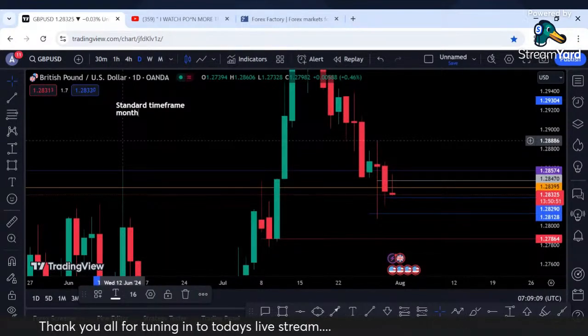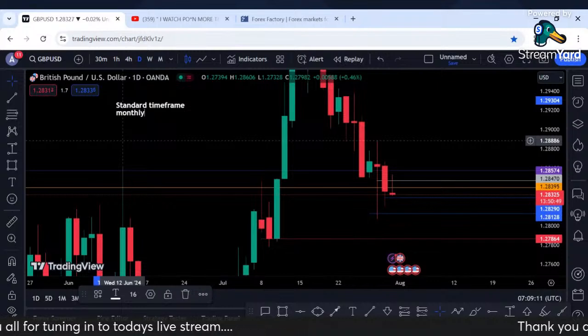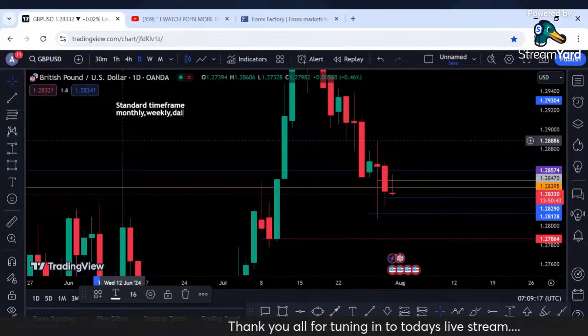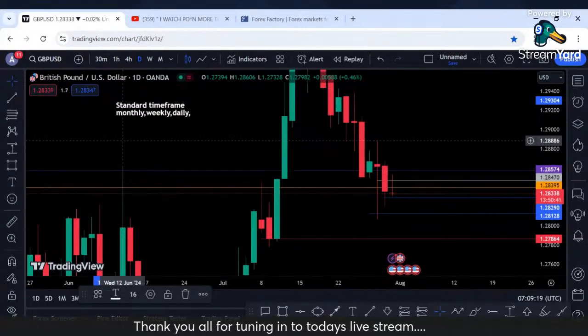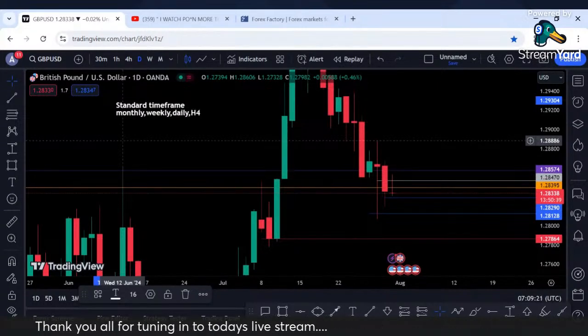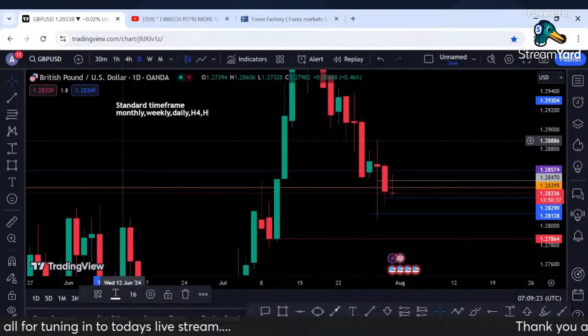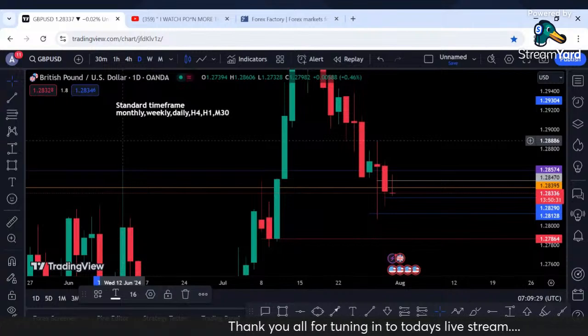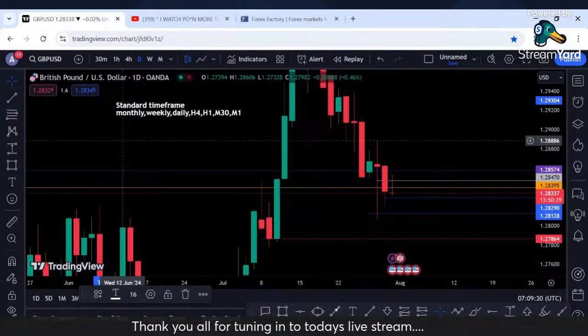I use the monthly, the weekly, the daily, and the H4 time frame. Then the H1, then the M30, then the M15.